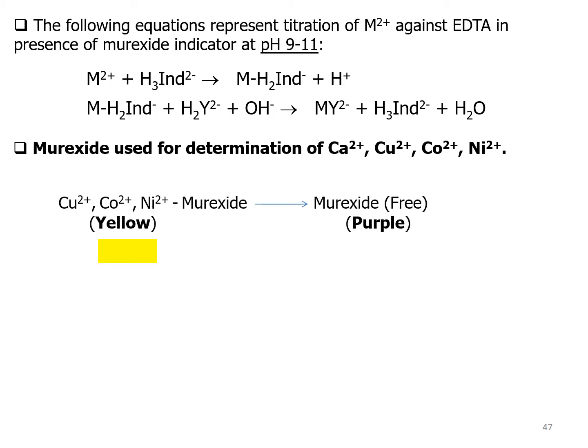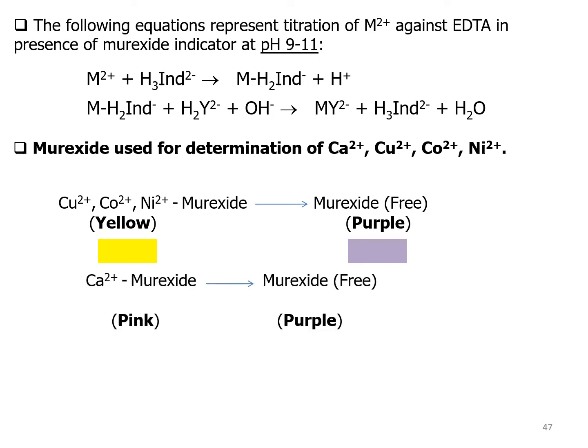To see and memorize, please, the difference in colors. Murexide copper, cobalt, and nickel complexes are yellow. Murexide free is purple. Murexide calcium complex is pink. Murexide free is purple.